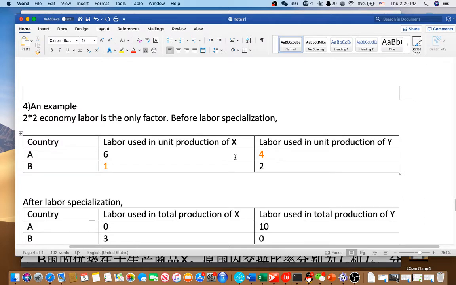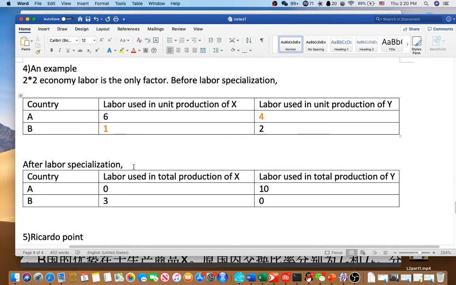Therefore, country B has comparative advantage in producing X, as highlighted in the right. A and B each use labor 10 and 3, totally 13, and produce 4 units of X and Y.